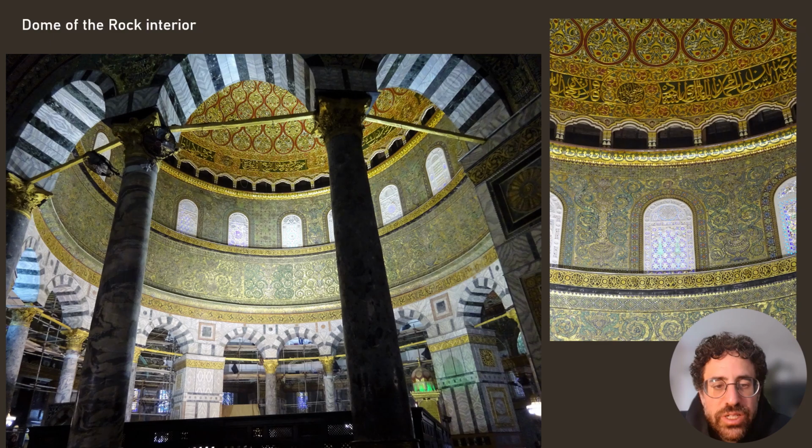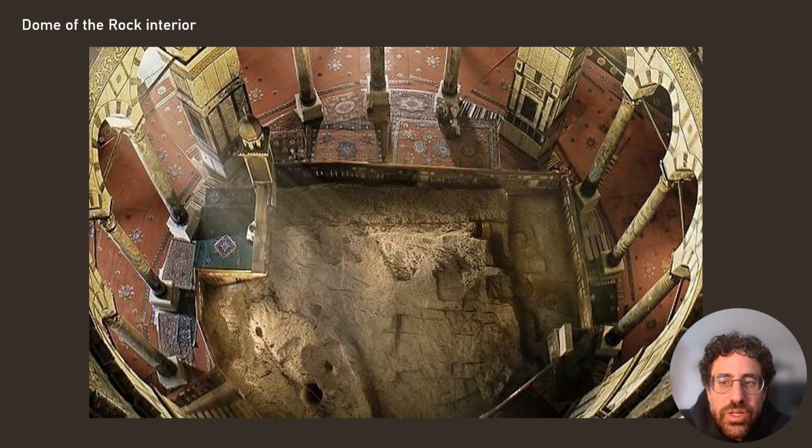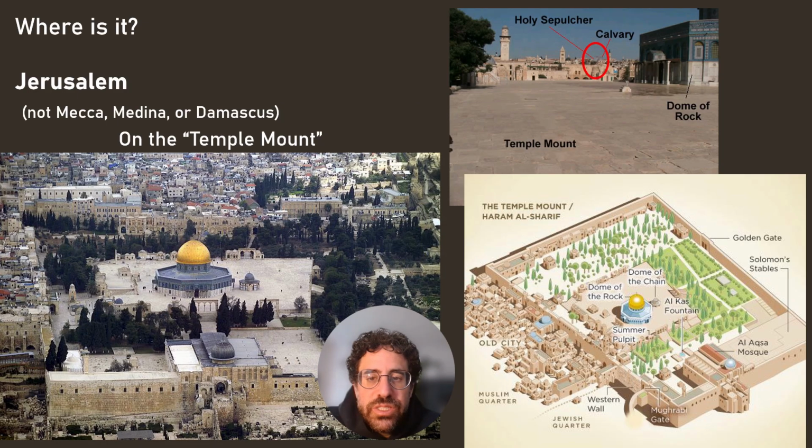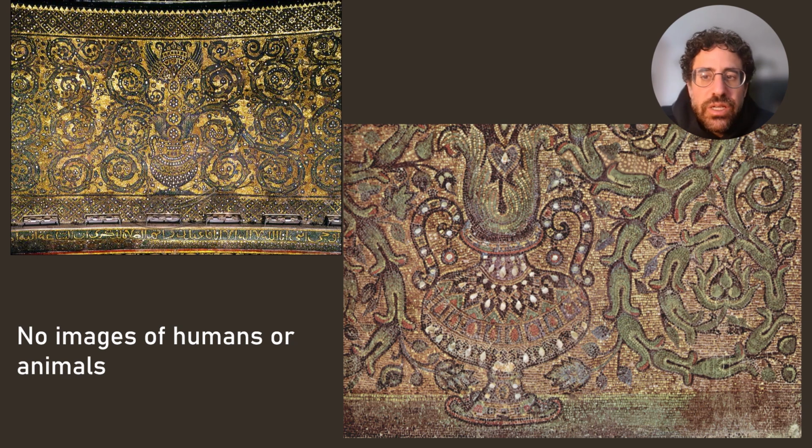And it was decorated with these beautiful mosaics on the interior that are still relatively the original ones from all the way back then. And this is basically the earliest example of Islamic monumental art we have. Now, of course, what you will notice is that in the Dome of the Rock itself, there are no images.